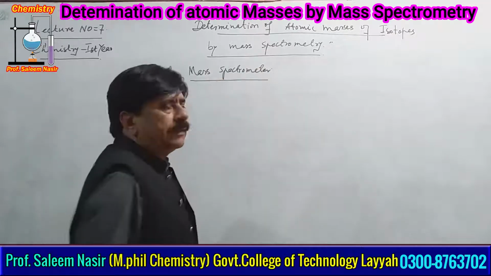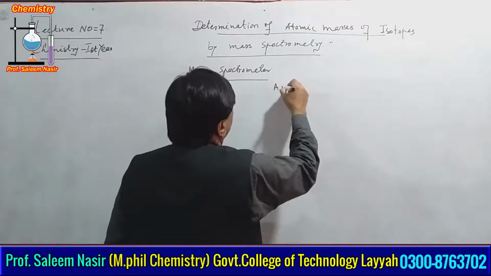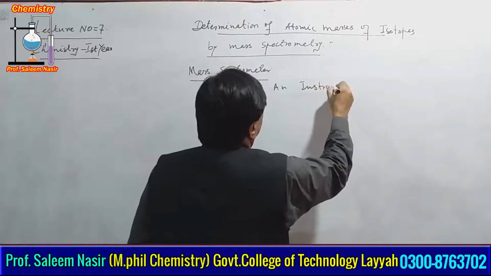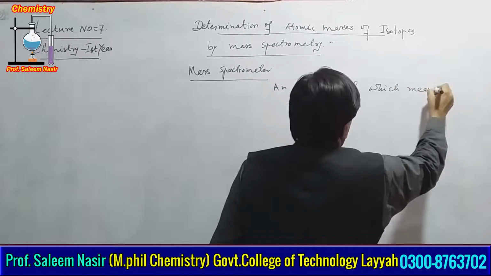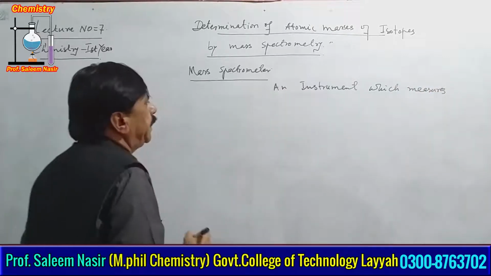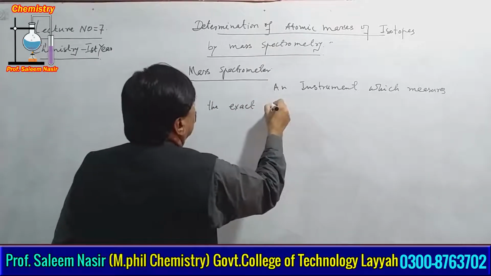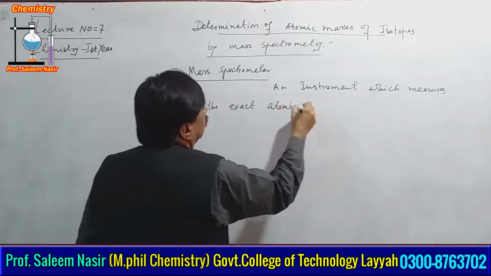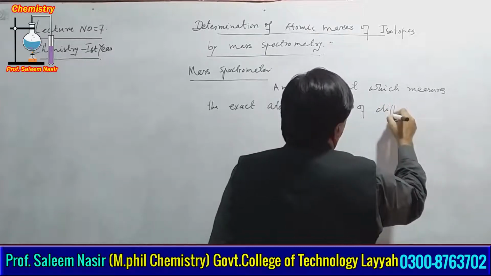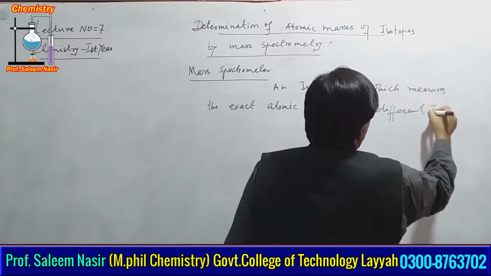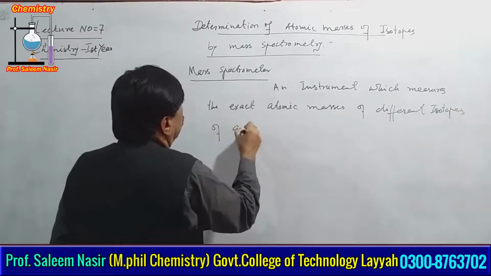A mass spectrometer is an instrument which measures the exact atomic masses of different isotopes of an element.